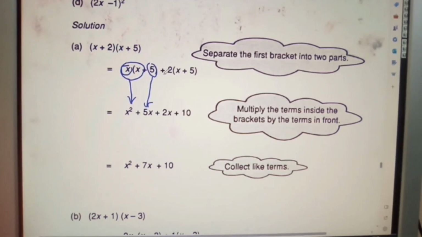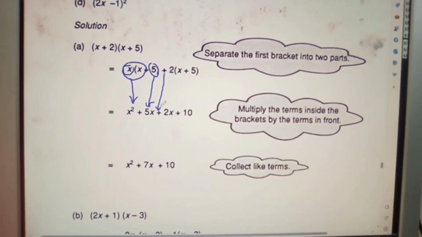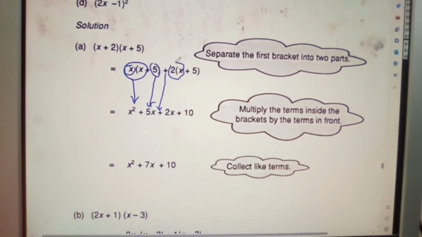Plus, that's a plus sign here. Two times x, that there now. Multiply that out. That becomes this.